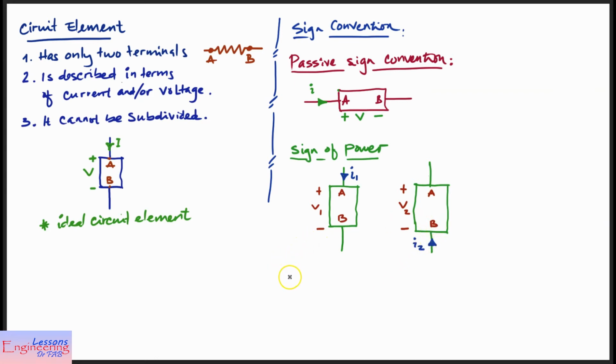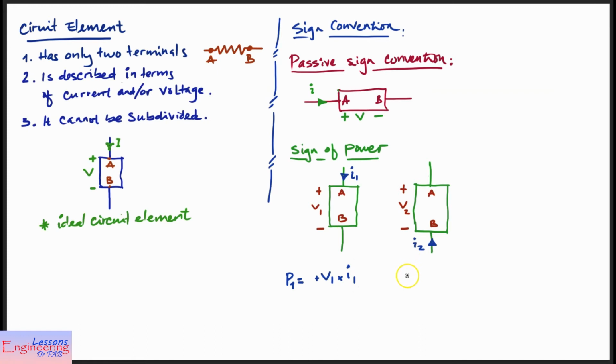Now if I calculate power 1, P1 should be voltage times current, VI, as we have seen earlier, but in this case I meets the positive end of voltage, so we'll have positive polarity for voltage, so that will be positive voltage V1 times I1.